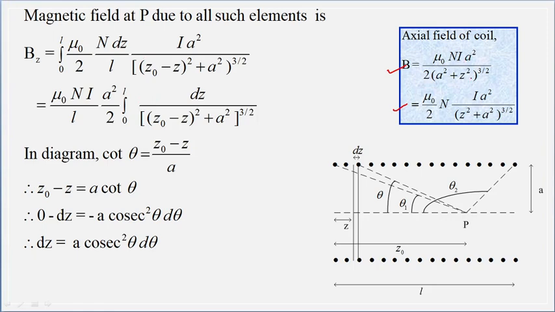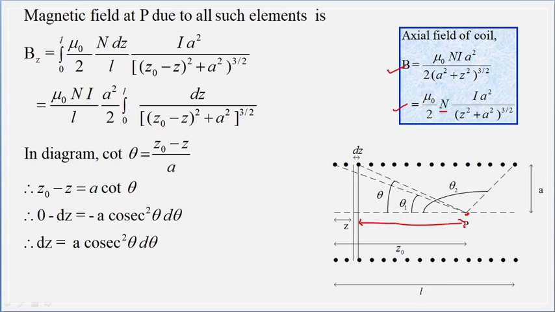We use it here. We have mu naught by 2. So how many turns are there? Here what comes is N, but N for each coil is N dz by L, the number of turns of this element of the solenoid. Then I A square divided by, now this point P, at what distance is it from that element?